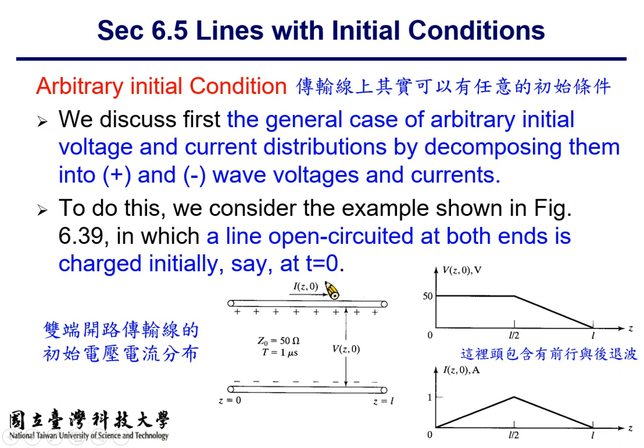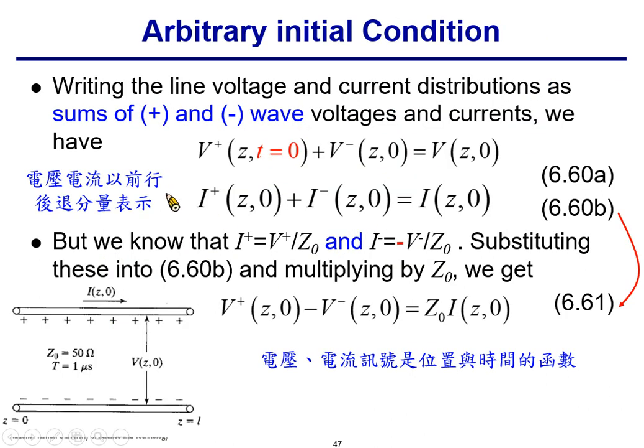So how do we know the exact distribution of the V plus signal and V minus signal, I plus and I minus signal? Well, they are not that difficult to find because we can write down relationships like this. Equations 6.60 a and b describe the relationship between total voltage and total current, which are simply the sum of V plus and V minus, I plus and I minus signal.